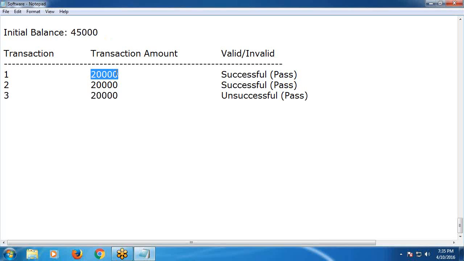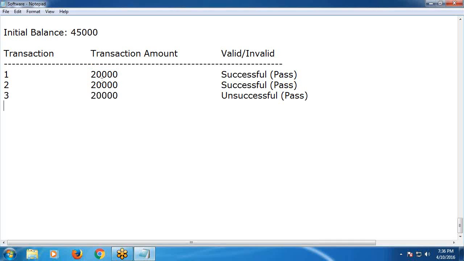First 20,000 successful. Remaining balance 25,000. Next 20,000 successful. Remaining balance 5,000. Next 20,000. If it is successful, then fail, na. Based on condition, if it is successful, fail. If it is unsuccessful, pass.